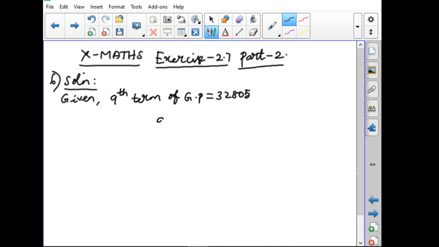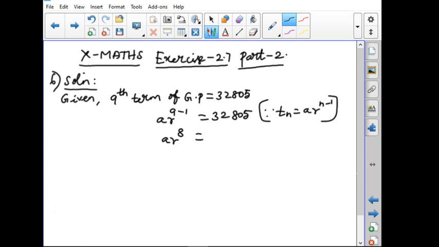So we can write A R power 9 minus 1 equal to 32,805. 9 minus 1 is 8, so A R power 8 equal to 32,805. Keep this as equation number 1.